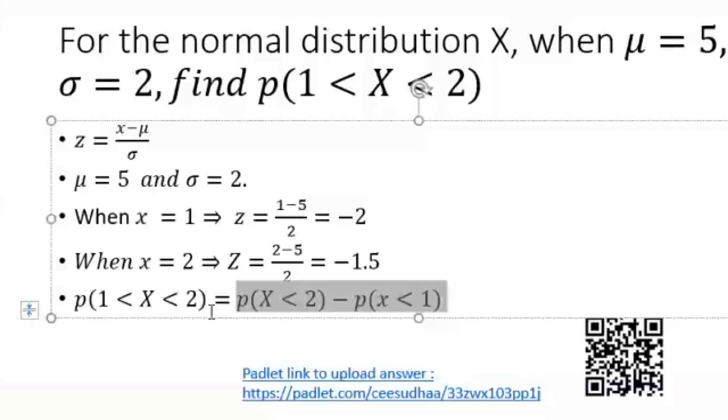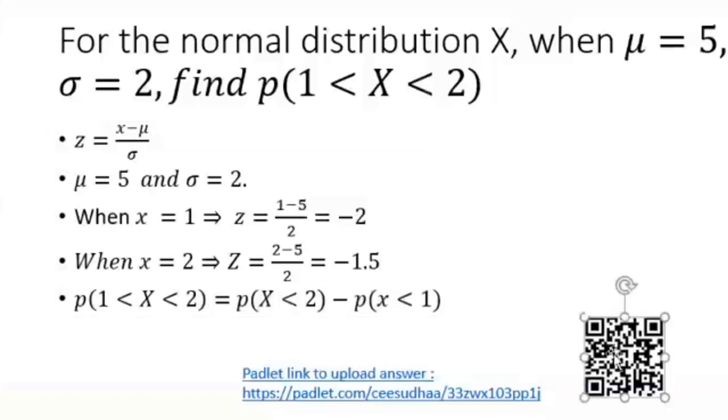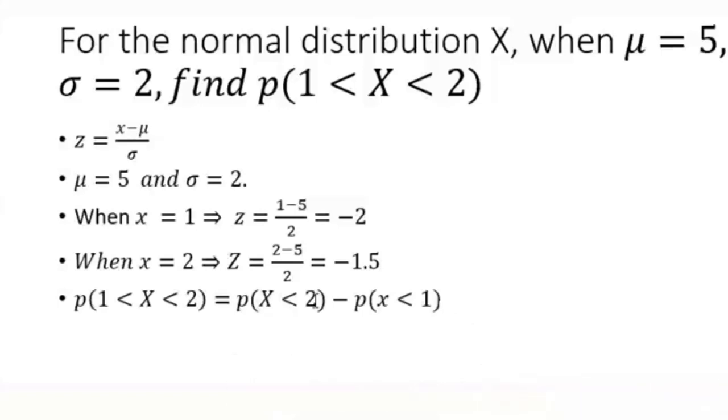Now you know how to calculate the value for probability of x less than 2. You can calculate it from the table. So how much is the value? Probability of x less than 2, let us convert this into z formulas.